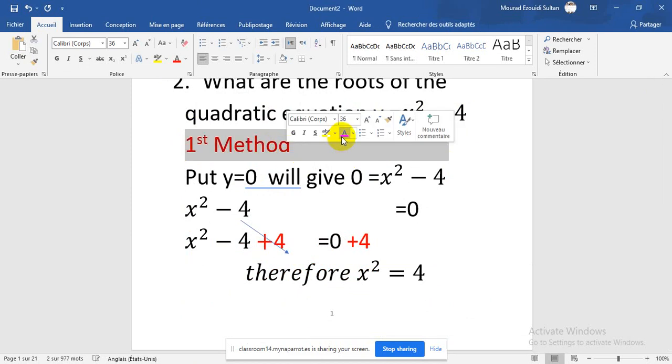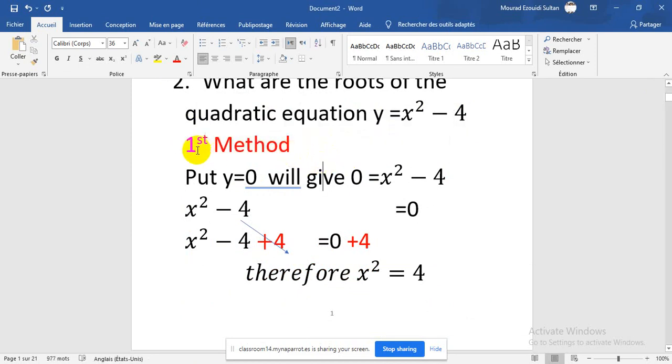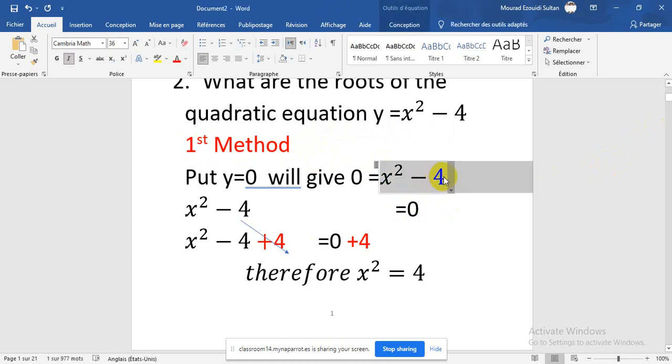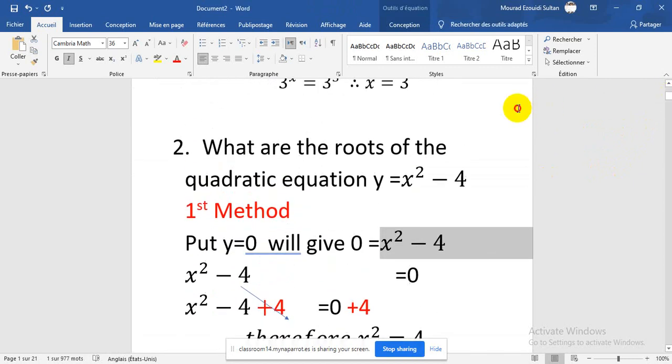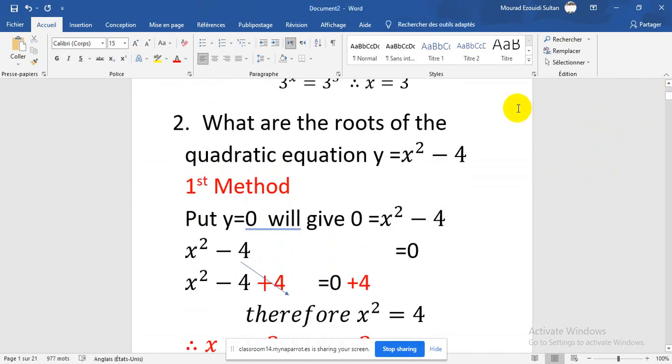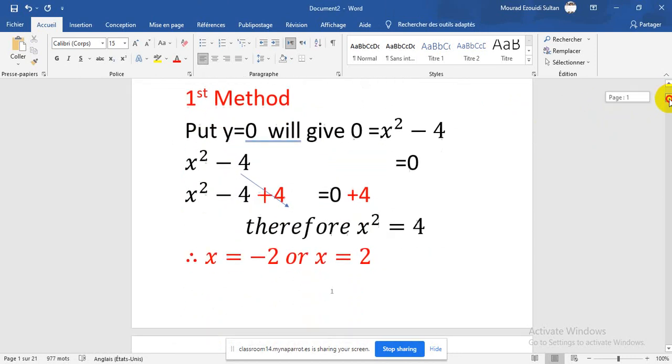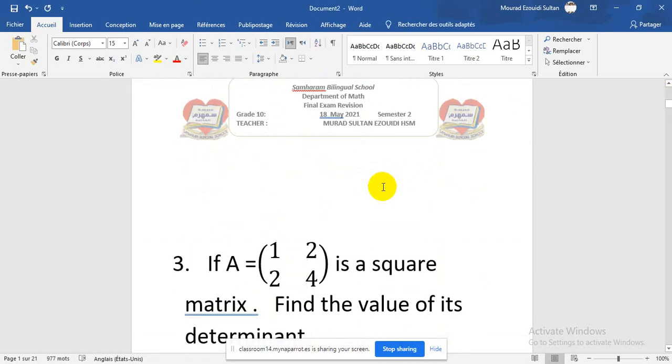In fact, there are so many methods. So this is the first method, you already see it. Now we move to the second method.